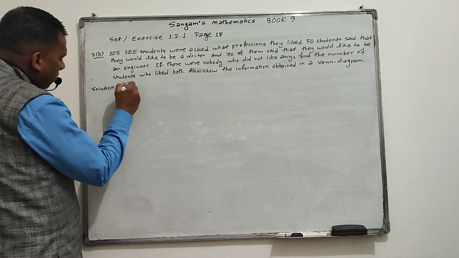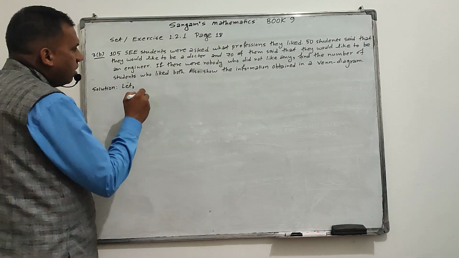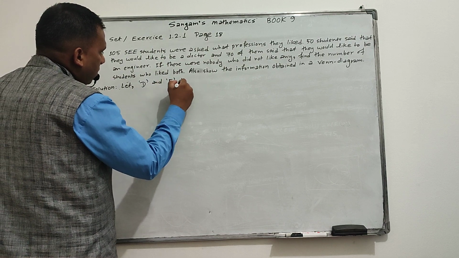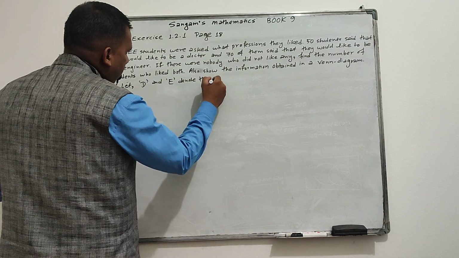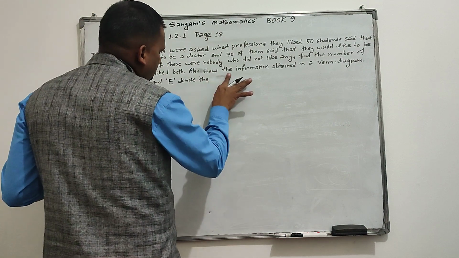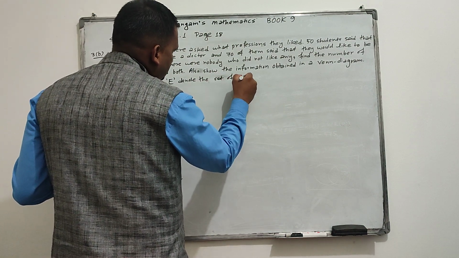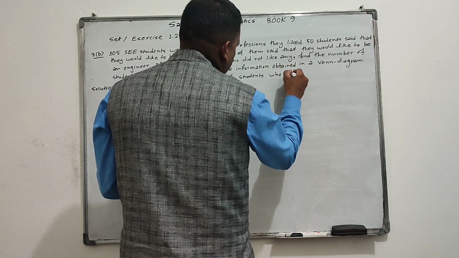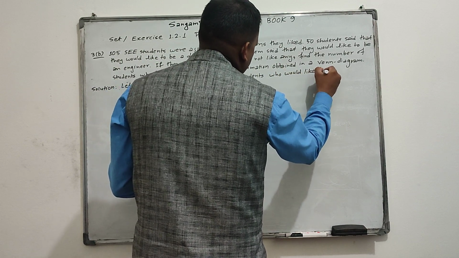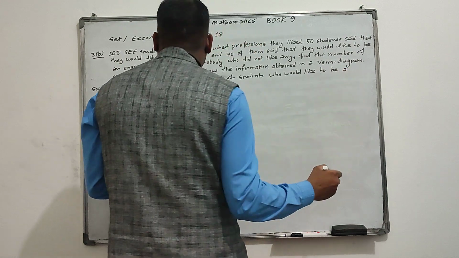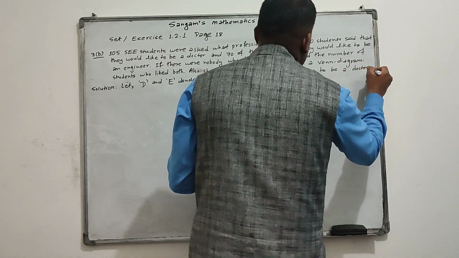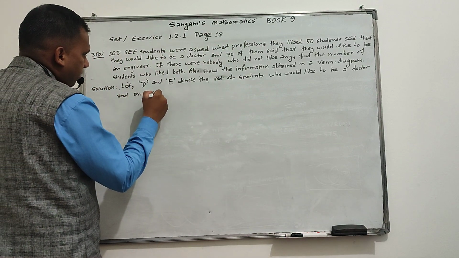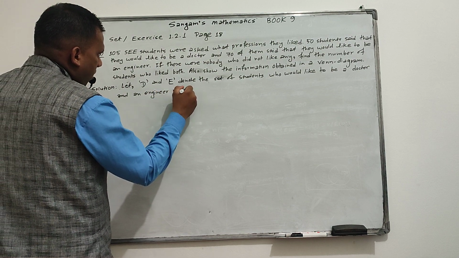Solution. Let D and E denote the set of students who would like to be a doctor and an engineer respectively.